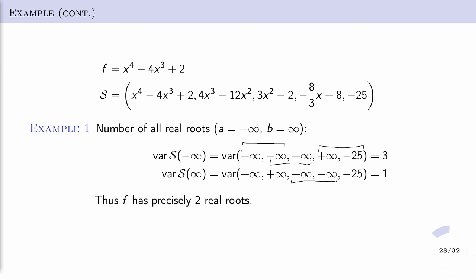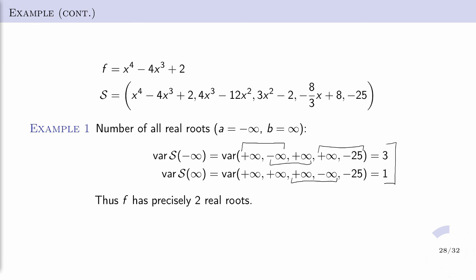So all in all, at the left endpoint we have three sign changes, at the right endpoint we have one sign change. So all in all we have 3 minus 1, so 2. So f has precisely 2 real roots. So this polynomial has two real roots and a pair of conjugate non-real roots.